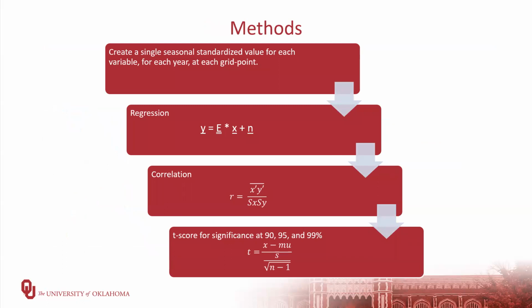Then we took these time series on a grid point by grid point basis for the entire study area, compared them through linear regression, calculated correlation coefficients, and finally subjected these correlation coefficients to a t-score significance test. T-score testing was done at multiple levels of significance to try and better understand the significance of these relationships.